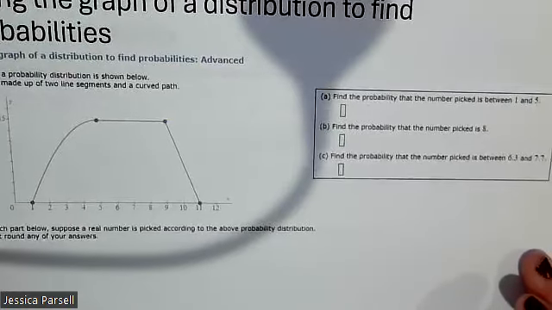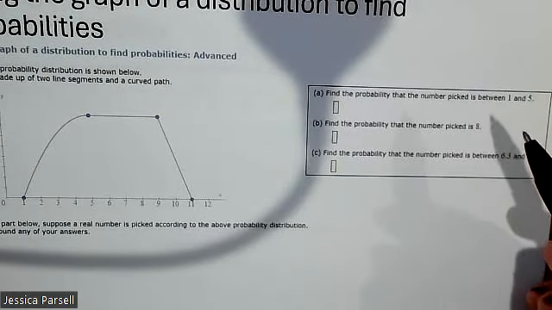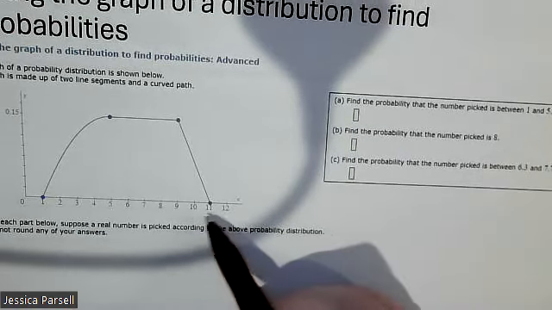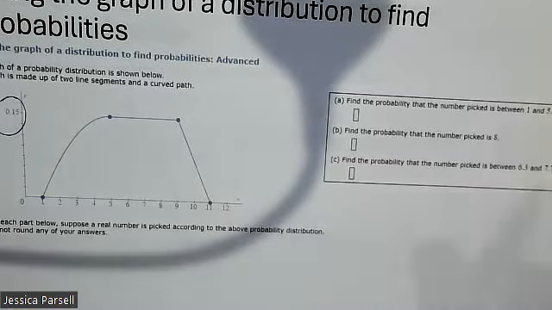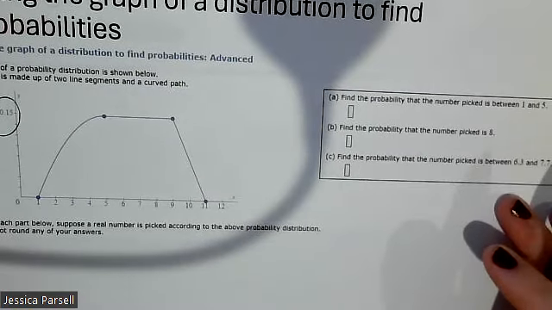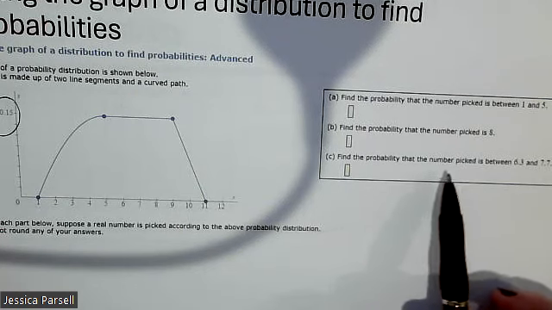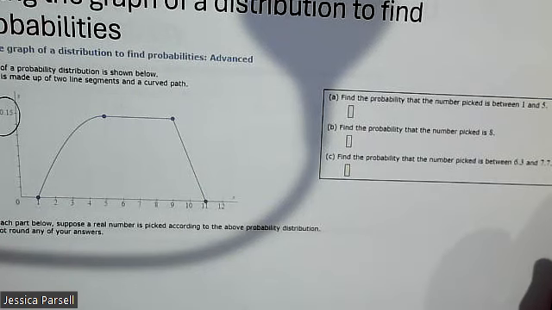You've got the same sort of questions. Find the probability that the number picked is between 1 and 5. Keep in mind, 0.15 is your new height. Find the probability that the number picked is 8, and find the probability that the number picked is between 6.3 and 7.7. So go for it, pause, and come back.